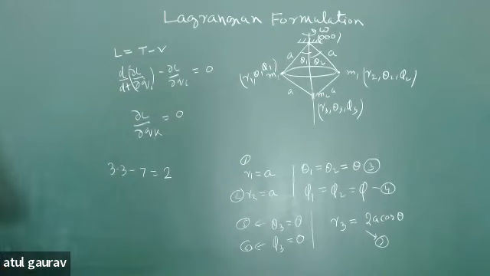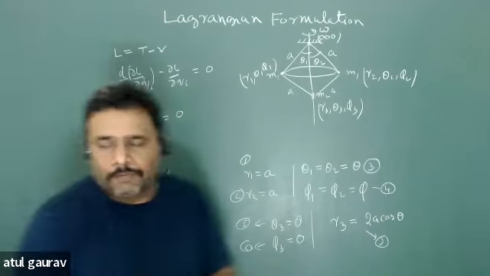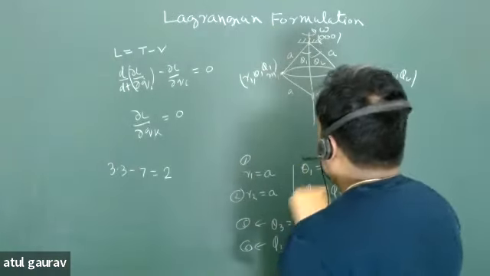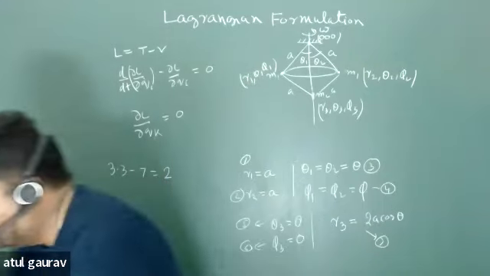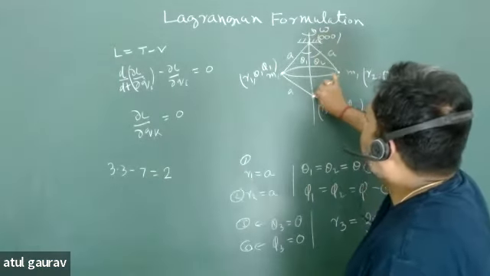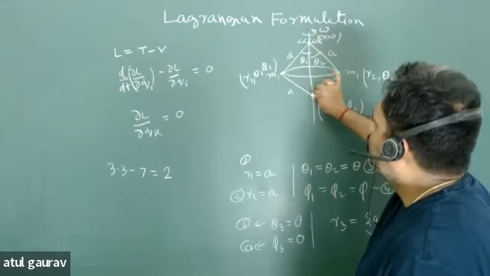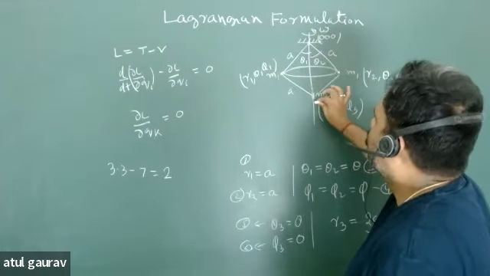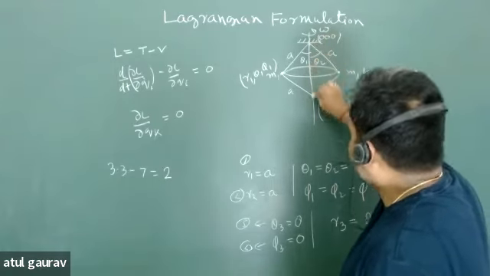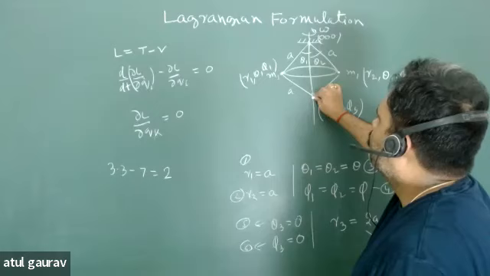So let's try to solve the Lagrangian of the system. Clear till here? Sir, please explain the R3 point once more. Yes, look. This distance is R3, because this is what moves up and down. This distance is equal to this distance plus this distance.